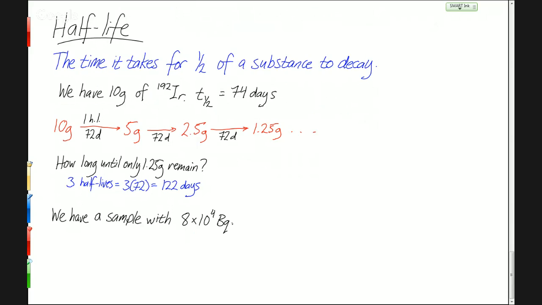This is the same thing, by the way. We're still talking about iridium 192. We have a sample with this radioactivity.